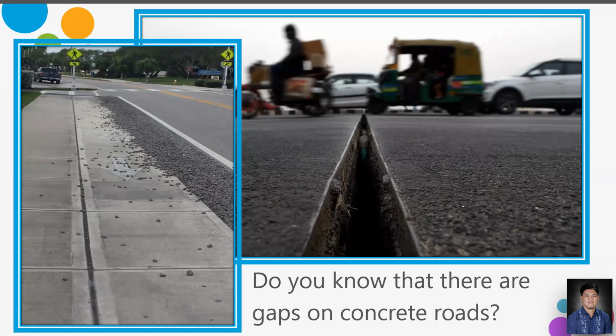If you look at this closer image, makikita natin dito that there is really a gap between the concrete road. Hindi natin siya masyadong mapapansin since maliit lang yung gap nila from one another, but there is really a gap on concrete roads.